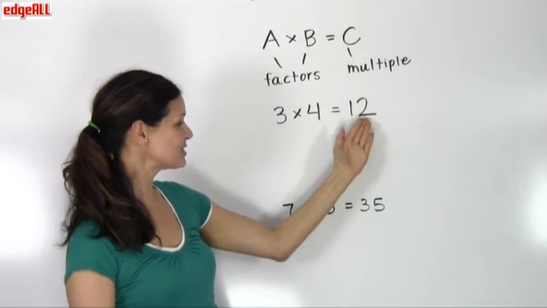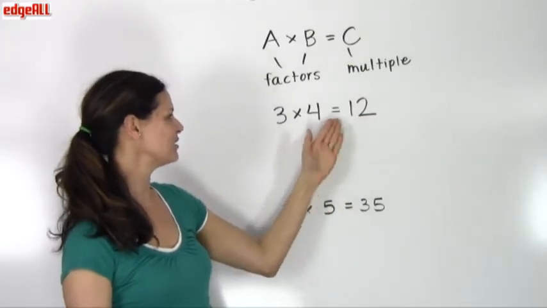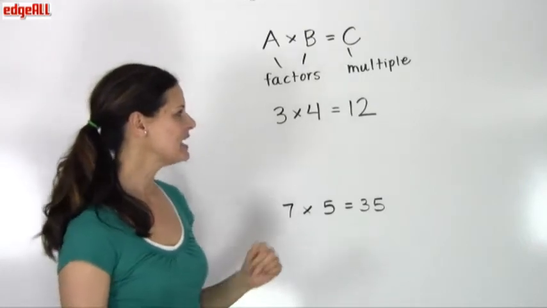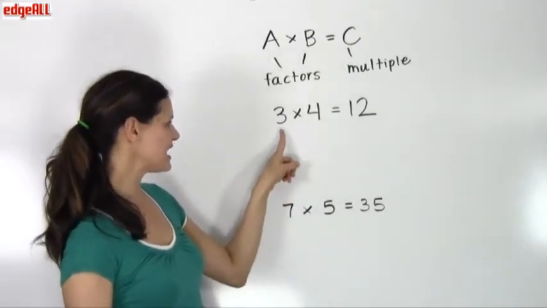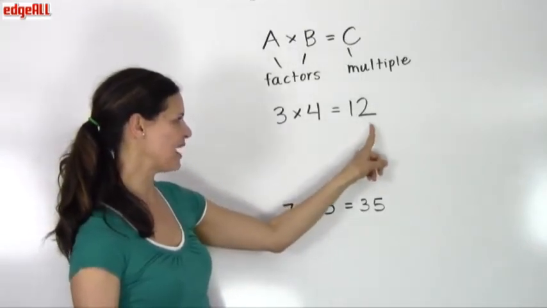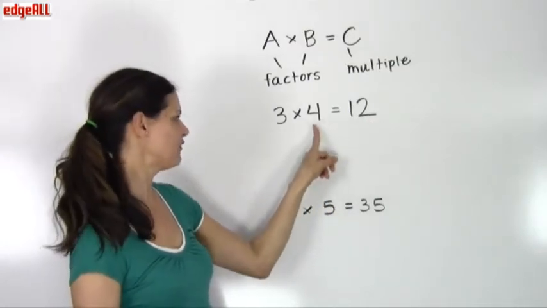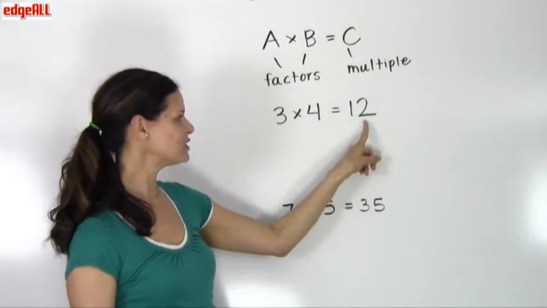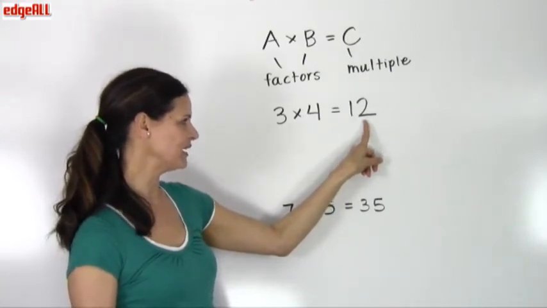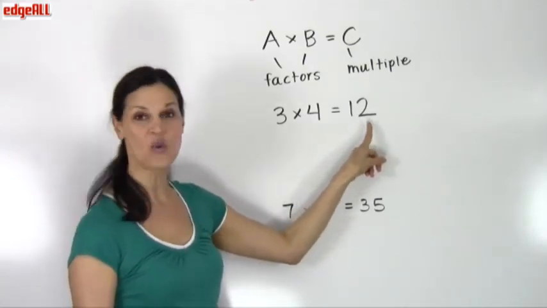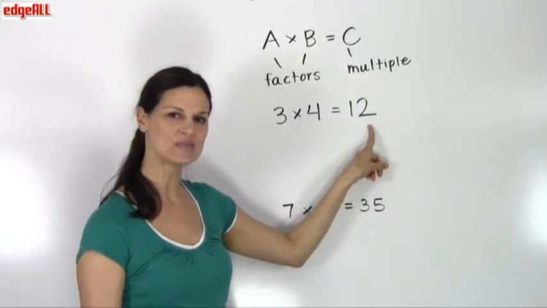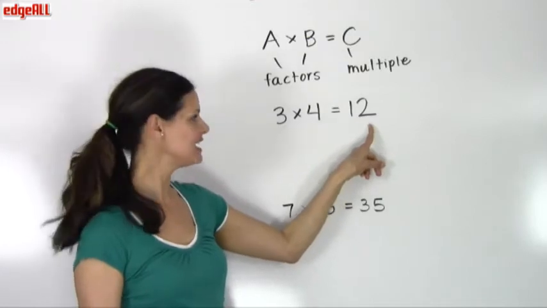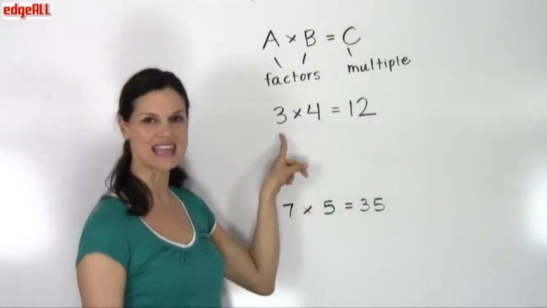So 12 is equal to 3 times 4 is another way that we can read it. Now we would say that 3 is a factor of 12, and we would say that 4 is a factor of 12. And looking at the 12 as a multiple, I would say that 12 is a multiple of 4, and 12 is a multiple of 3.